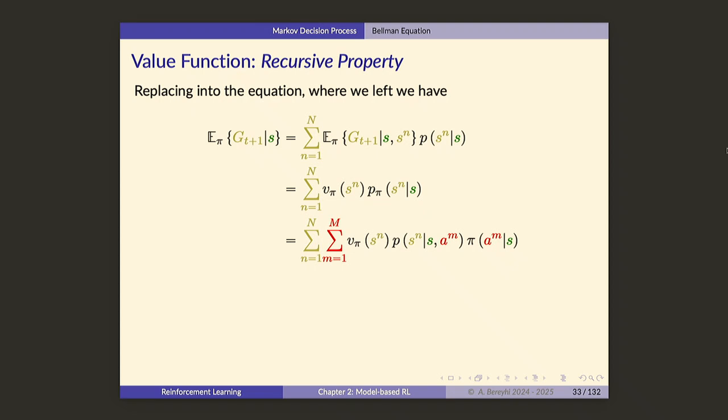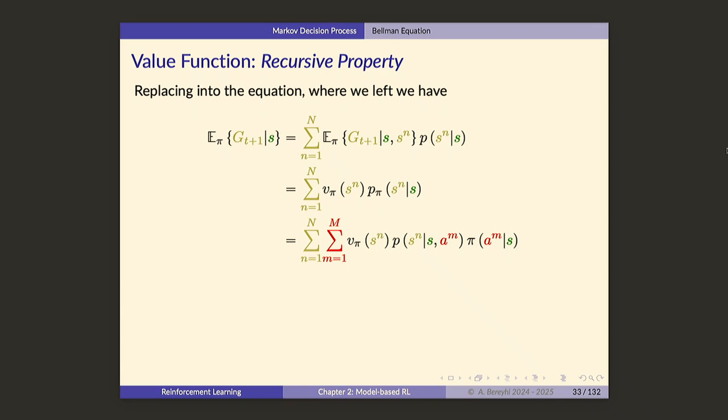So, okay. Say I have one function, function f of s bar, and s bar is my next state, okay?